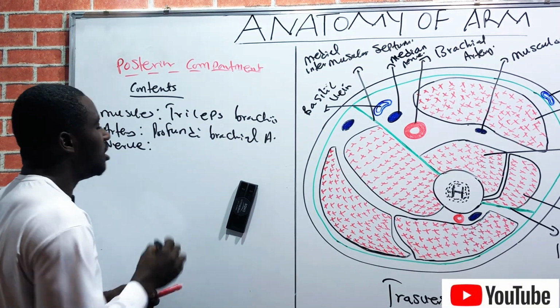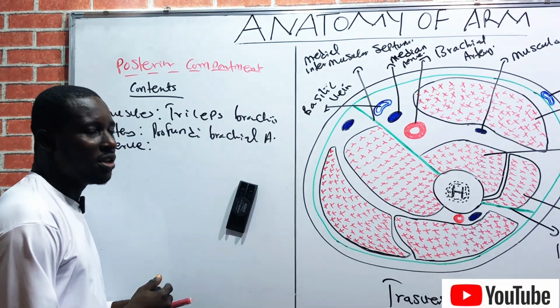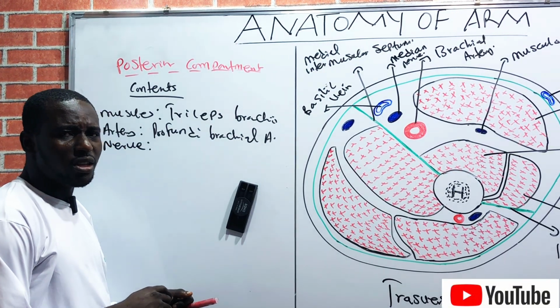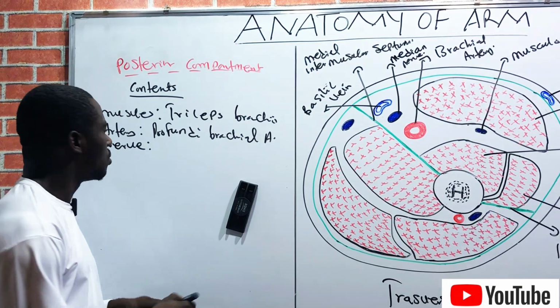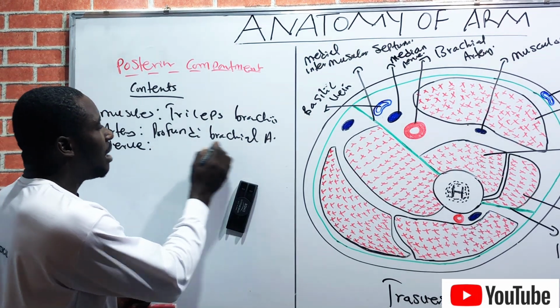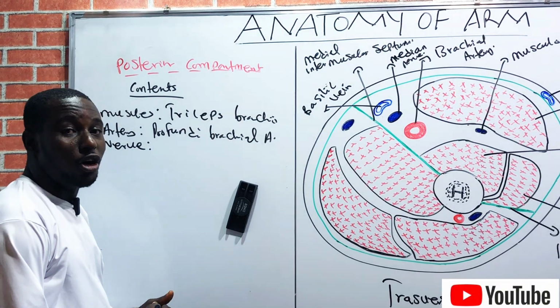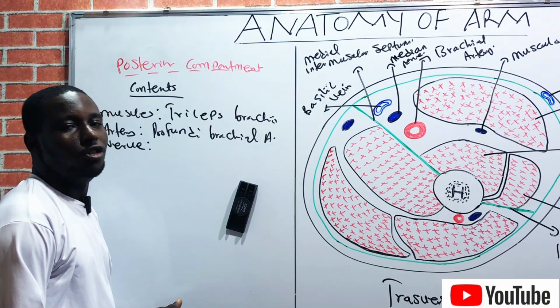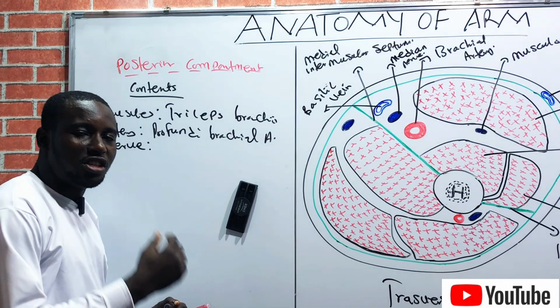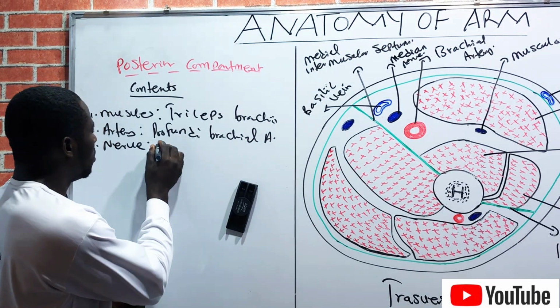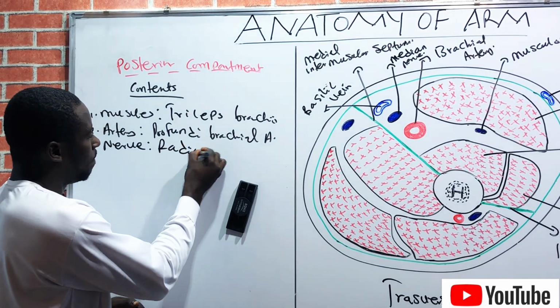So the nerve is the radial nerve. Recall that the radial nerve is the largest branch of the brachial plexus that the profunda brachii artery accompanies in the spiral groove or the oblique groove located on the upper part of the posterior surface of the humerus. The radial nerve.